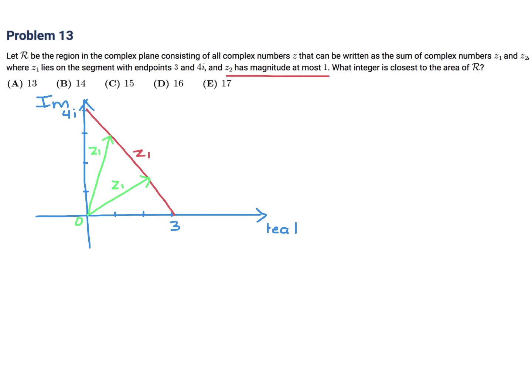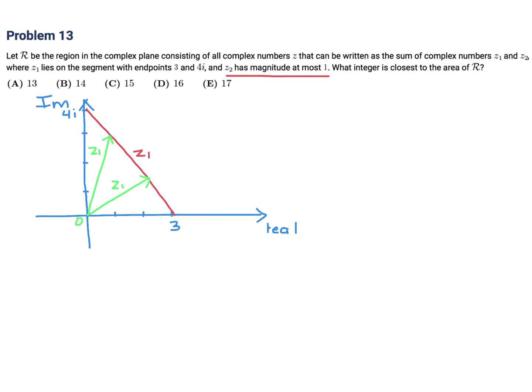And any such Z1, as long as it ends on that red line. But Z2 has a magnitude of 1, and that's all they tell us. So that means that if you drew Z2, it could start from Z1 and go anywhere as long as it has a magnitude of 1.